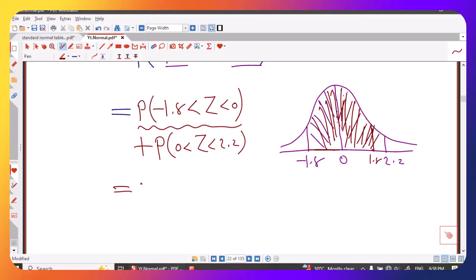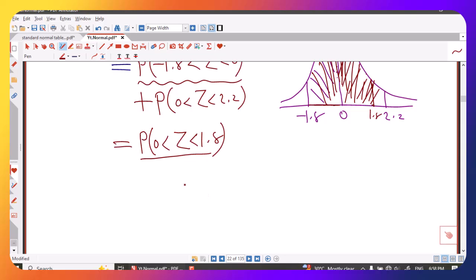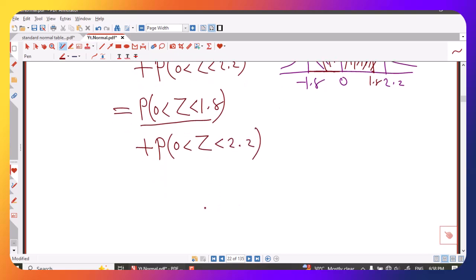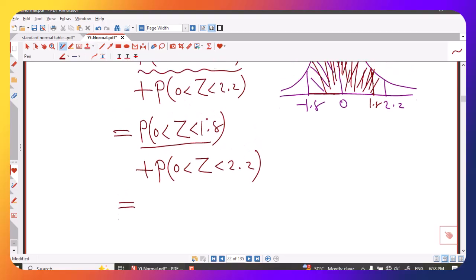So I replace this by the area between 0 and 1.8, because I have table values for this type of probabilities or areas. And this is the area between 0 and 2.2, and we have obtained both the values in part A and part B.